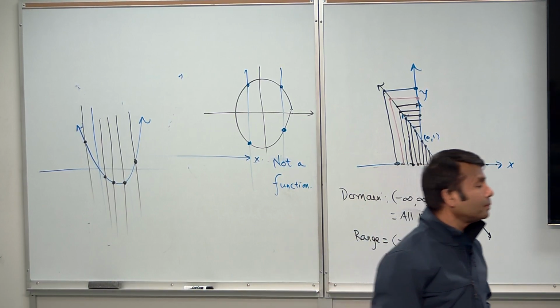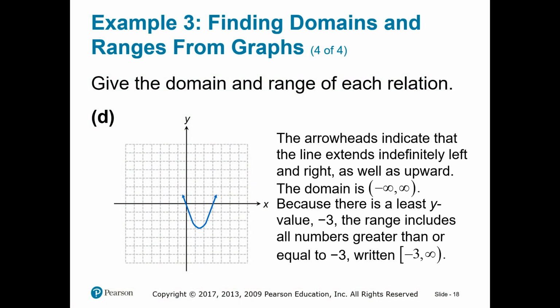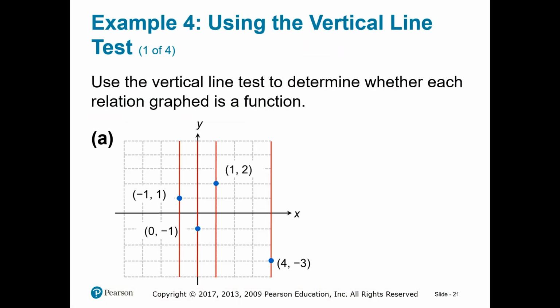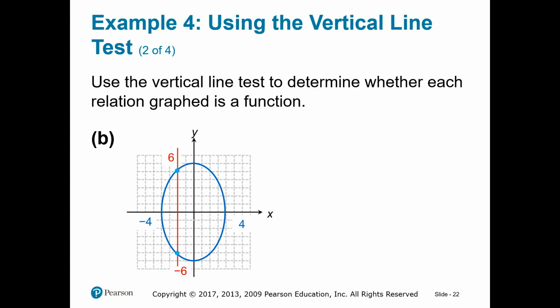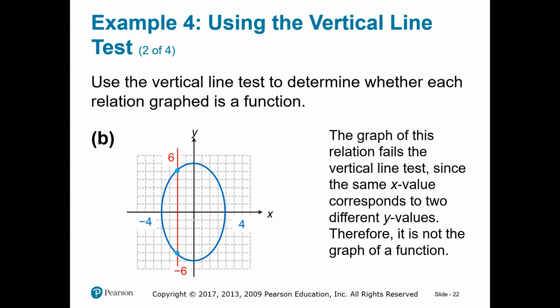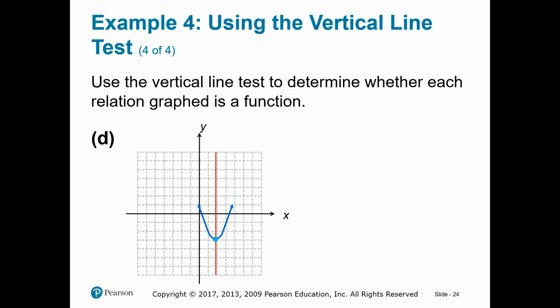Make sense? This is a function, because the vertical line intersects the graph no more than once. Okay, this is not a function, right? This is a function. This is a function, right?